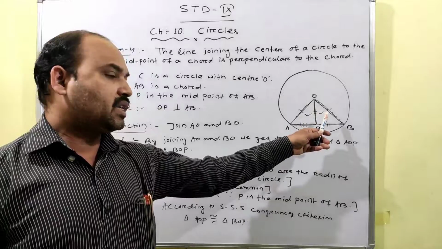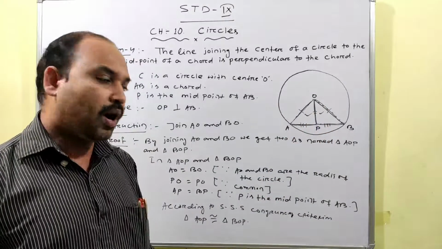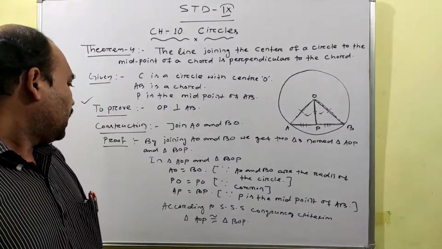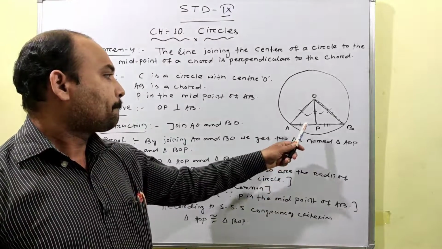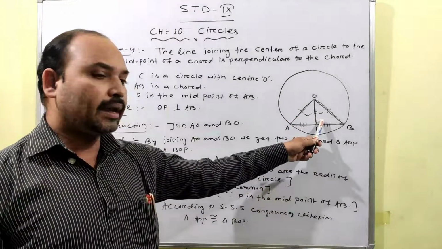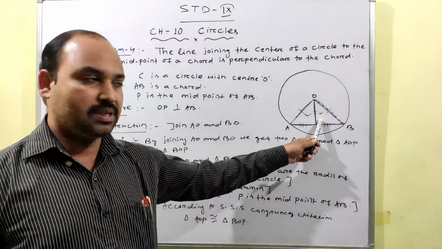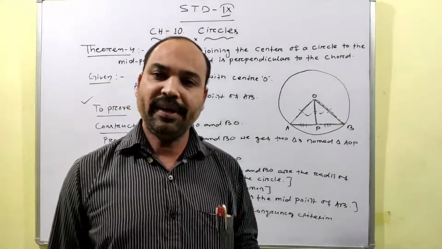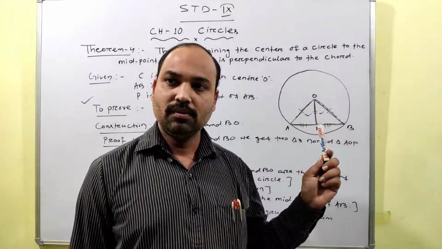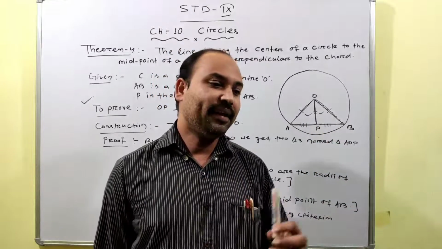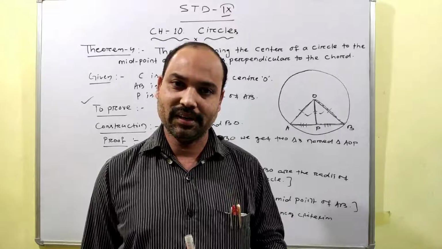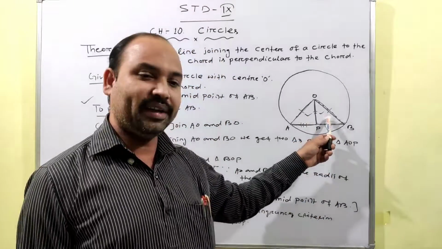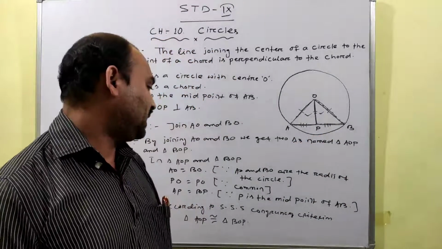When we get two triangles congruent, then what will we do? After that we will get that these two angles are equal by CPCT. What is CPCT? CPCT means corresponding parts of congruent triangles.